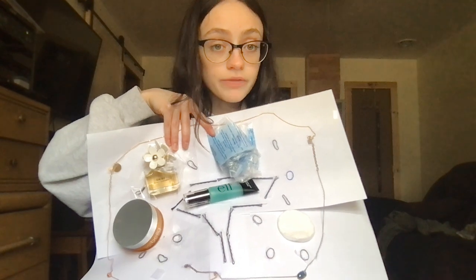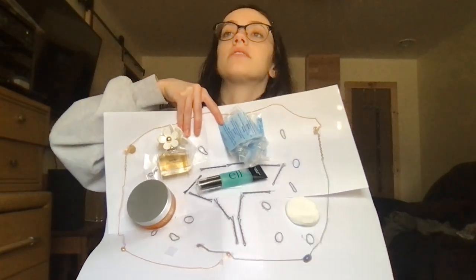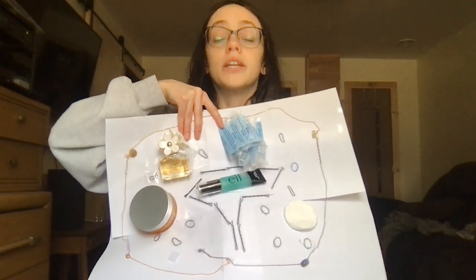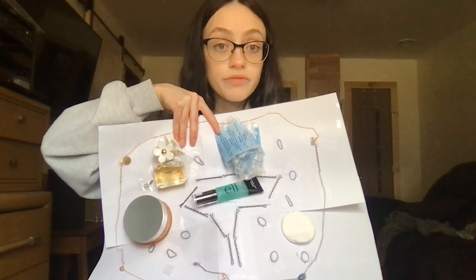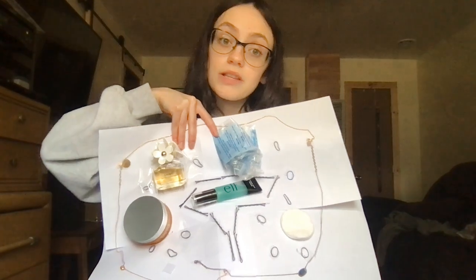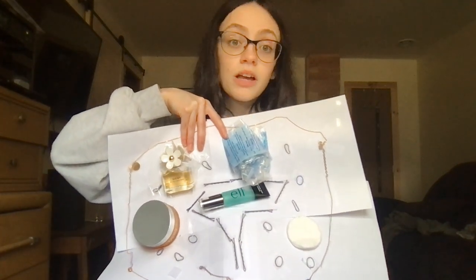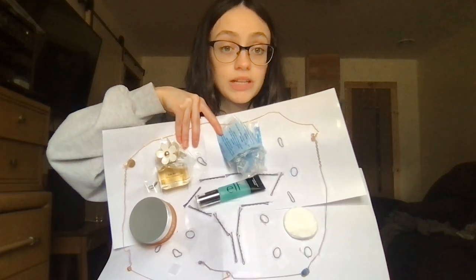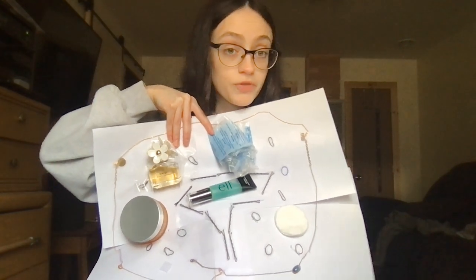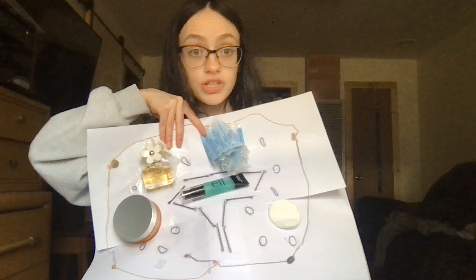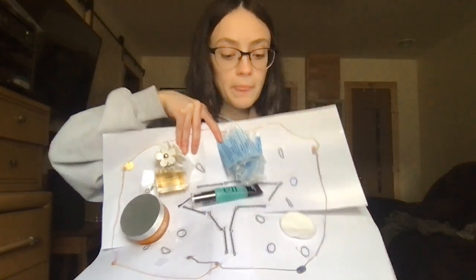Whenever I use cotton rounds, my goal is to get rid of things on my face that I don't want. I'm using cotton rounds to remove my makeup or to cleanse my face, and I feel like my purpose for using a cotton round and the function of a vacuole go hand in hand.